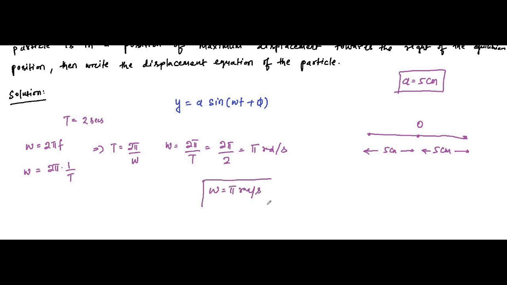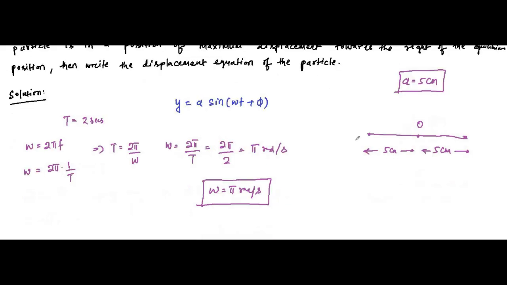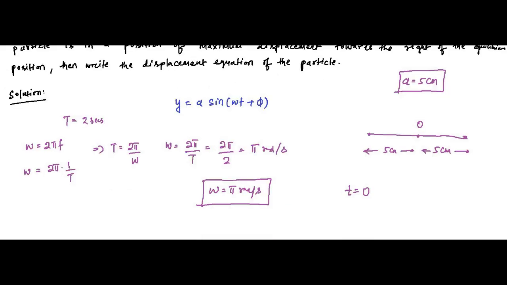So we have got the angular frequency, we have got the amplitude, now we have to get the initial phase angle. Then another vital piece of information which is given is that at the start of the motion, that is at t equals 0, the particle is in a position of maximum displacement towards the right of the equilibrium position, which means that at t equals 0, the particle is located at maximum displacement towards the right side.